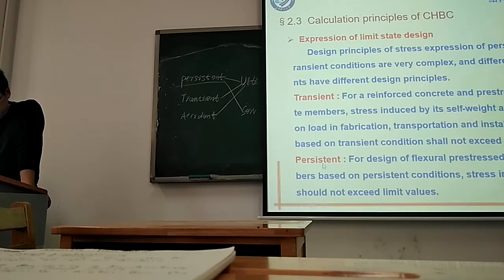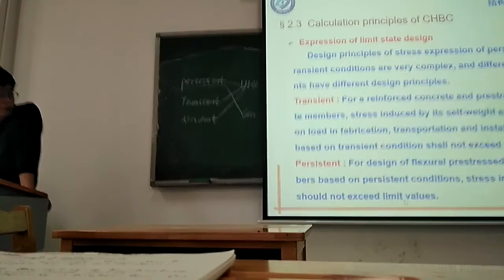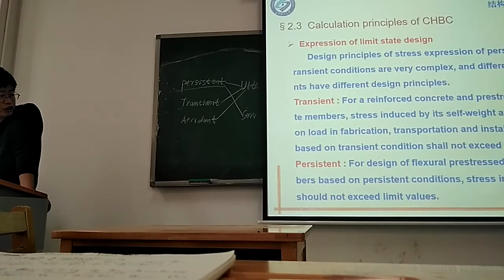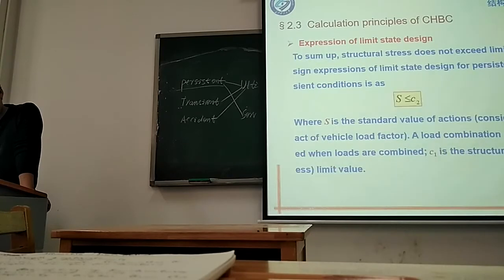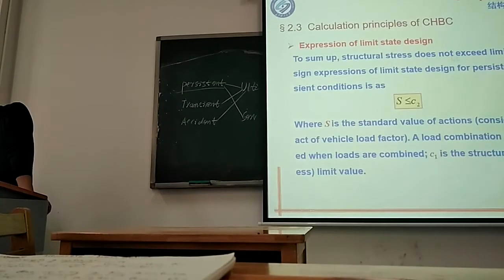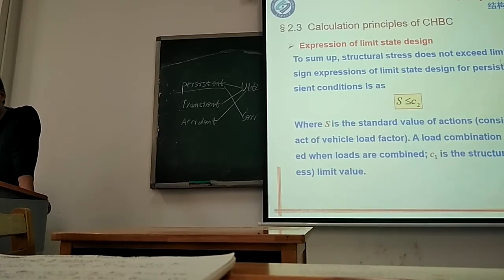Also, this slide asks that the value not exceed the limit value, but in what situation is different? So to sum up, the structural stress does not exceed the limit values.